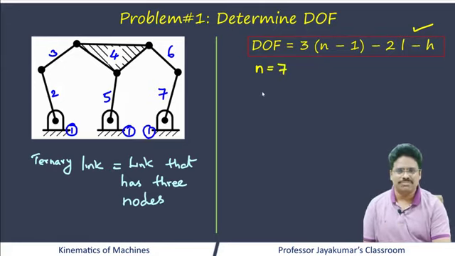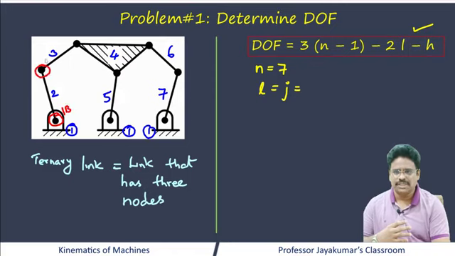Next, we need to determine the number of lower pairs, which is equal to the number of binary joints. I will denote binary joints by a circle. Between link 1 and 2, we have one binary joint. Here I have one. Here it might look like it forms a ternary joint. It is not, because 4 is a single link. So link 4 and link 3 form a binary joint.